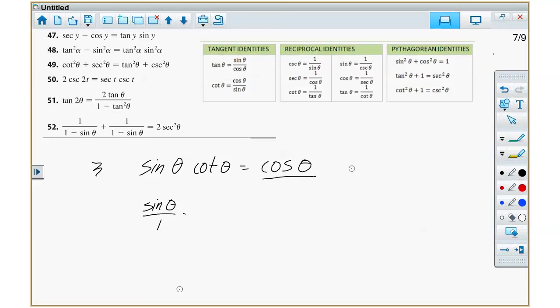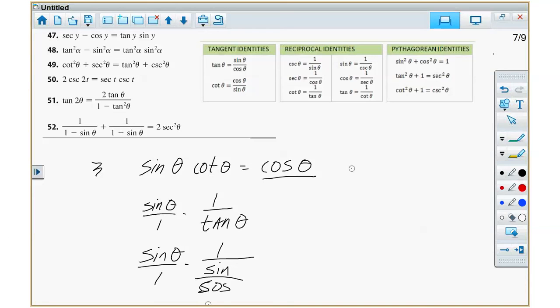Boom, you know, reciprocal identity. You know it's a reciprocal identity because you don't know anything about the cotangent. So, what is the cotangent? It's 1 over the what? Tangent. So 1 over the tangent. Well, that'll help us work the flip. So we look at the tangent and we go, tangent is equal to what? Sine over cosine. So sine theta over 1 times 1 over the sine over the what?